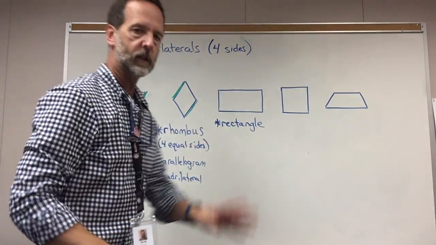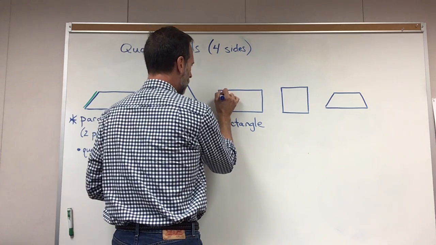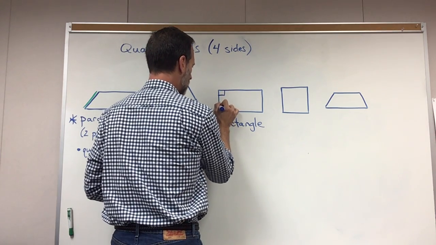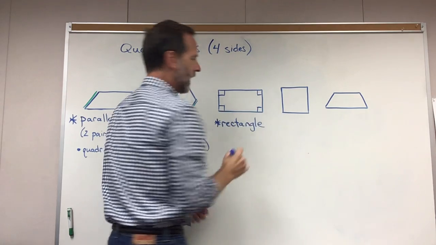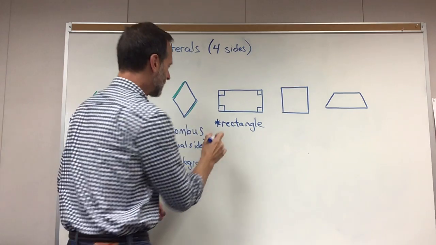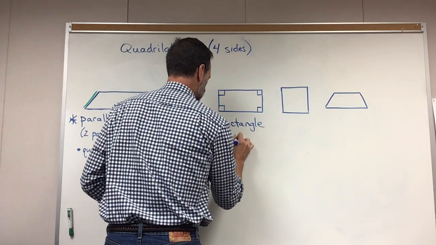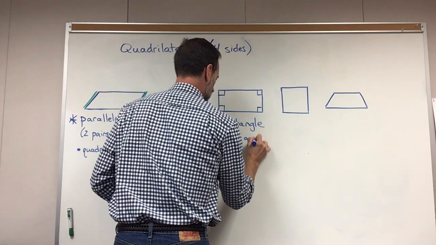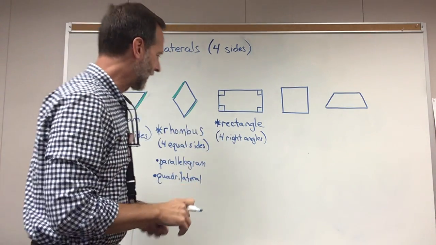This rectangle has 4 right angles. Each of these corners I can make a perfect square in. And when a quadrilateral has 4 right angles, it's a rectangle.